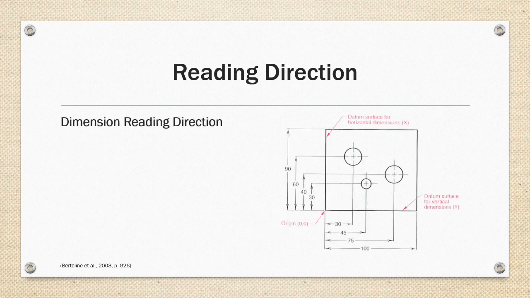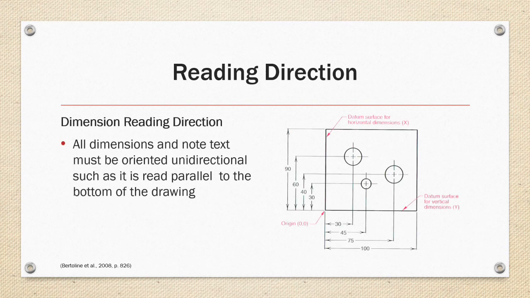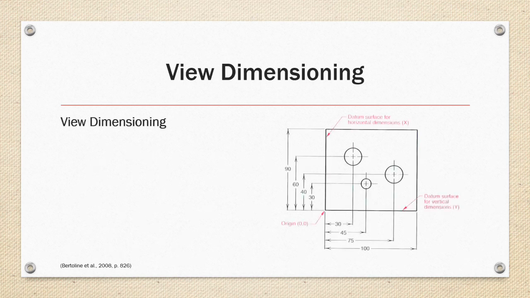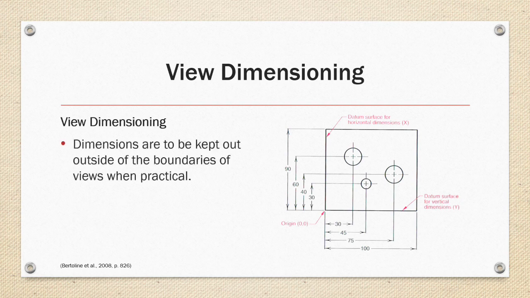The reading direction of all dimensions in note text must be oriented unidirectional such that it's read parallel to the bottom of the drawing, as shown in the example on the right. View dimensioning. View dimensioning guidelines state that dimensions are to be kept outside of the boundaries of the views when practical.